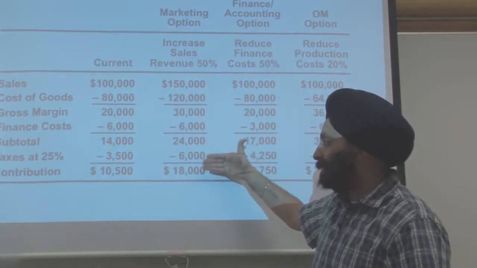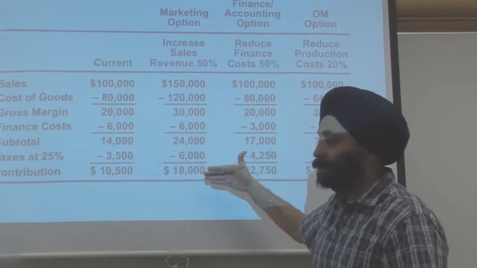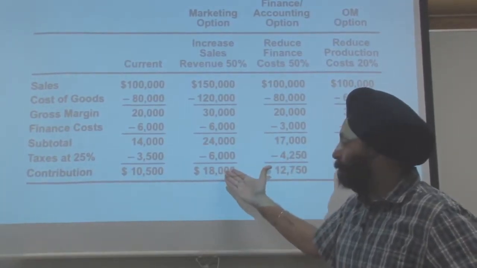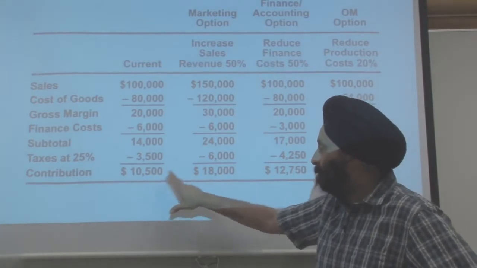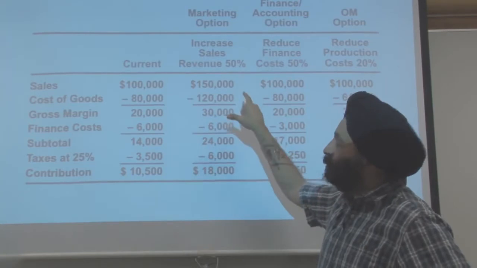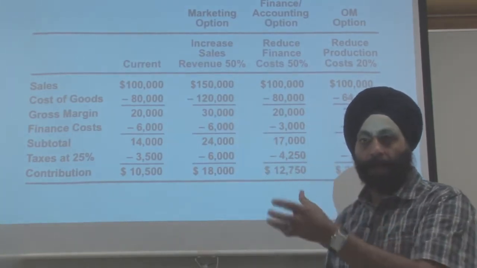From that, taxes at 25%, that's 6,000 subtracted, and the remainder is 18,000 contribution. So you're looking at an increase of about $7,500 by just using the marketing lever in this case.